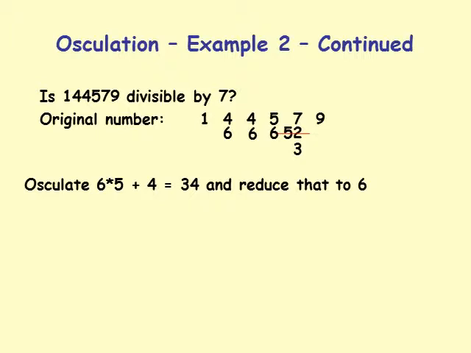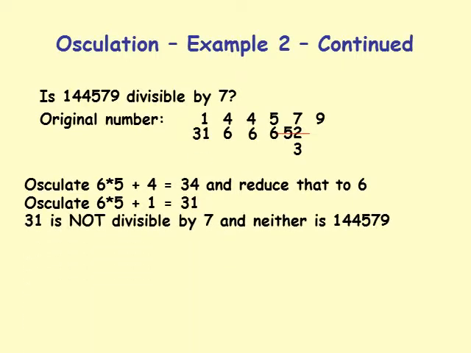Then 6 times the proxy plus 1 is 31. So we got 31. 31 is not divisible by 7, and neither is 144579.